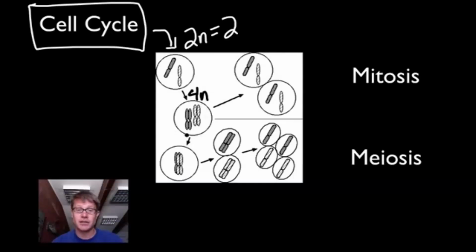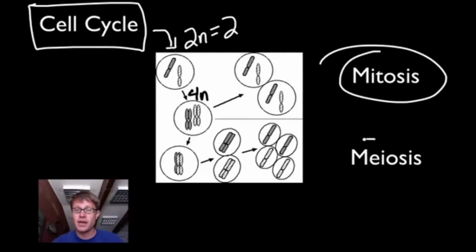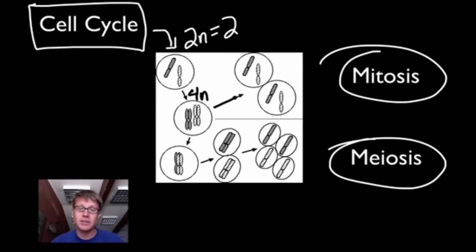At this point, we can take either the path of mitosis or the path of meiosis. In the path of mitosis, that simply splits in half, and now we have two 2N cells.